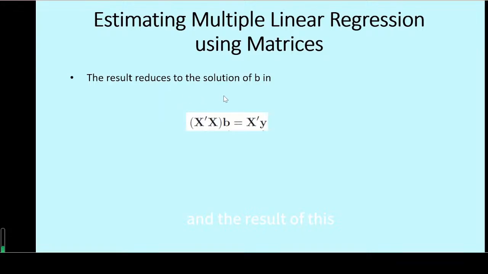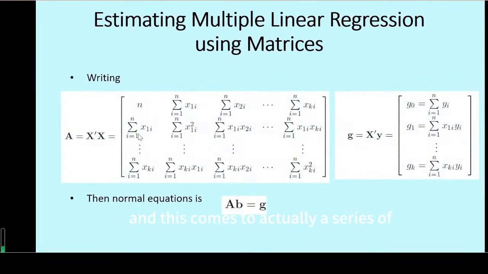The result of this optimization and minimization process, after mathematical manipulation, returns this expression: X transpose times X times b equals X transpose times y. This comes to a series of equations, called normal equations.